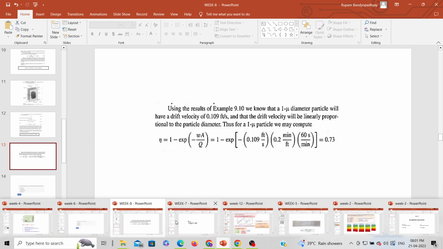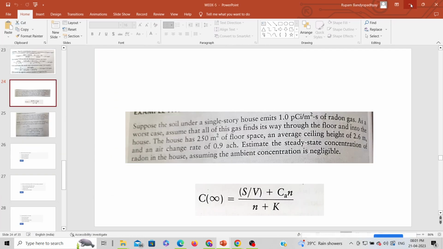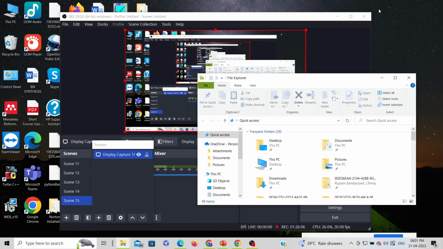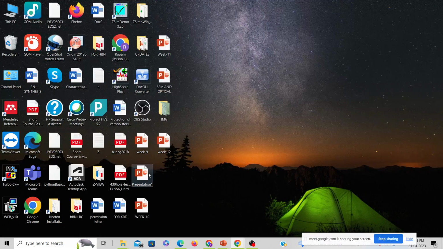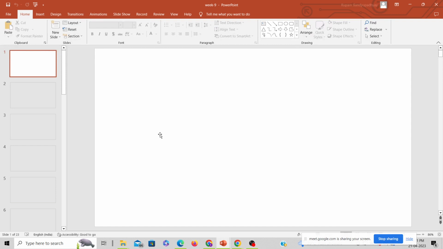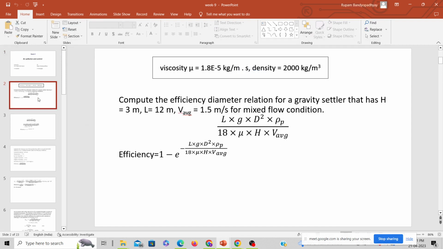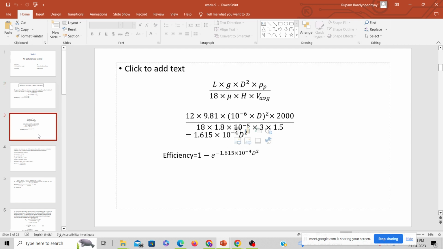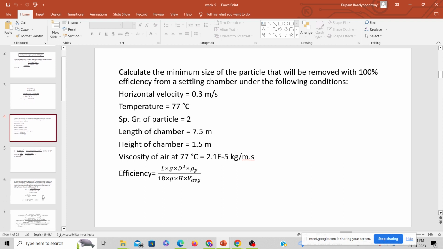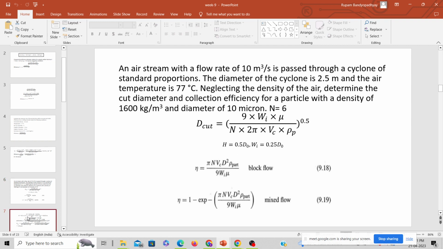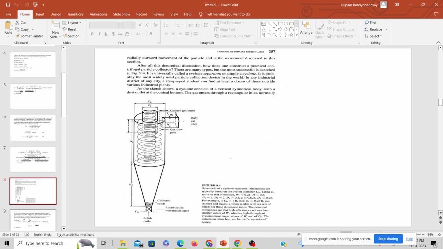There are numericals you can see, so you can practice them. It will help you.